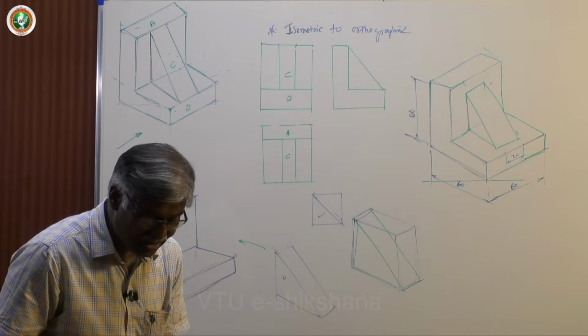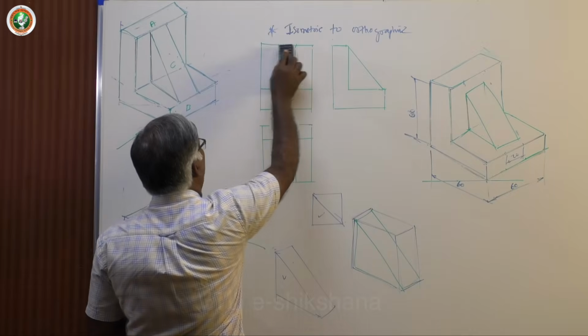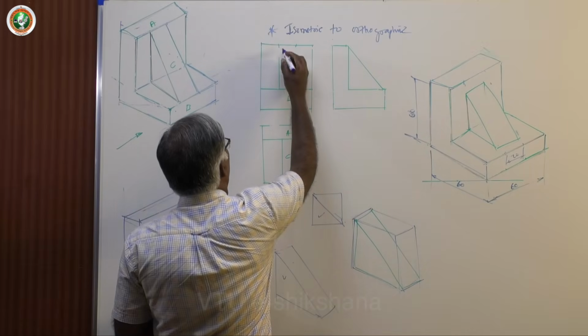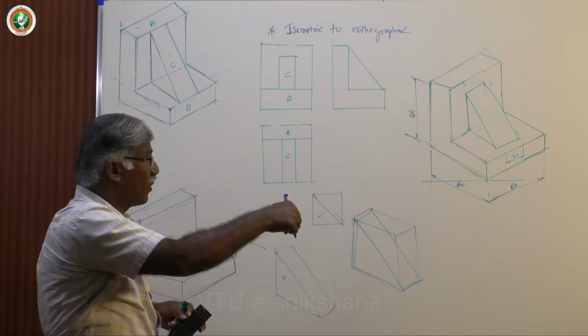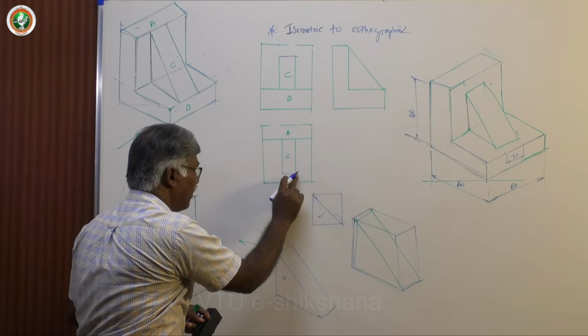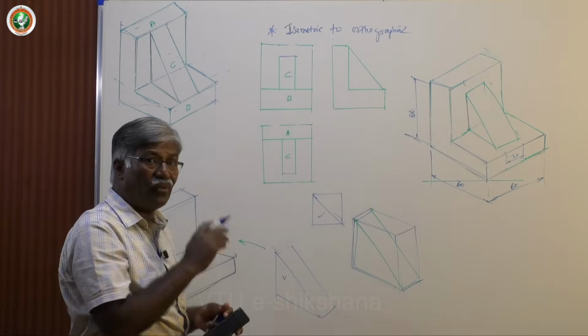Let us see this 10 mm down here. So here I am going to draw this. Now if you look from the top view, again 10 mm. So this is the front and top view. What about the side view?